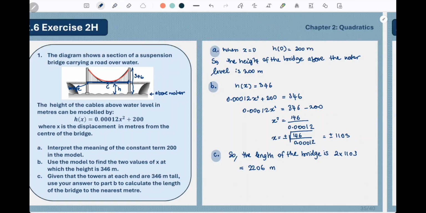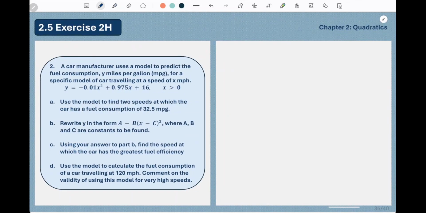And I think we've got another question for today, which is question 2. A manufacturer uses a model to predict the fuel consumption y miles per gallon for a specific model of car traveling at speed x mph. So in this case, y is representing fuel consumption, and x is representing the speed, in their respective units, miles per gallon and miles per hour.